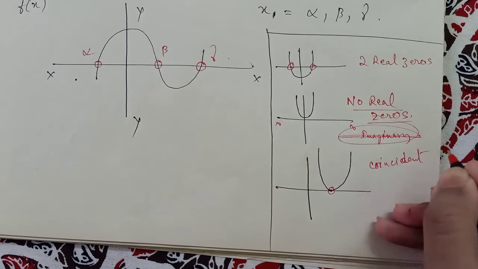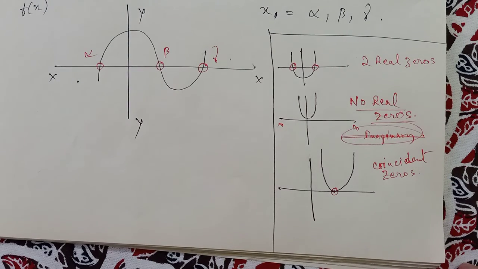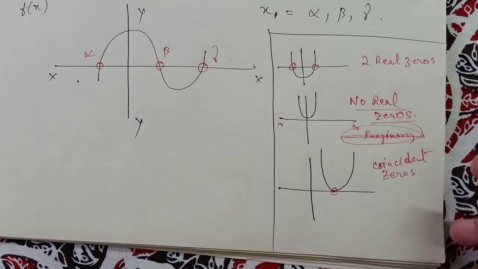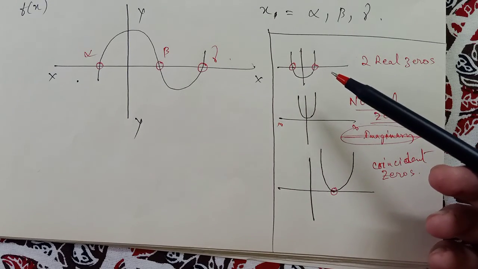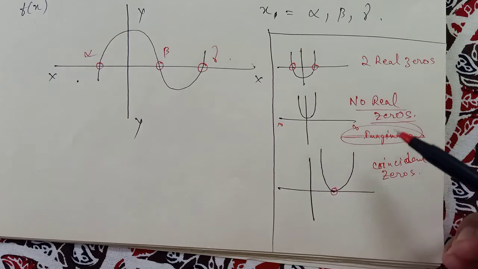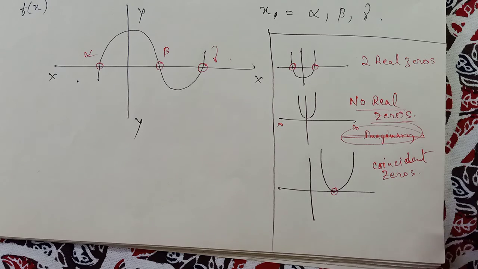So you can have three cases of the types of zeros you are getting. You can now easily analyze the number of zeros and the types of zeros by looking at the graph itself. So I hope this video helps.